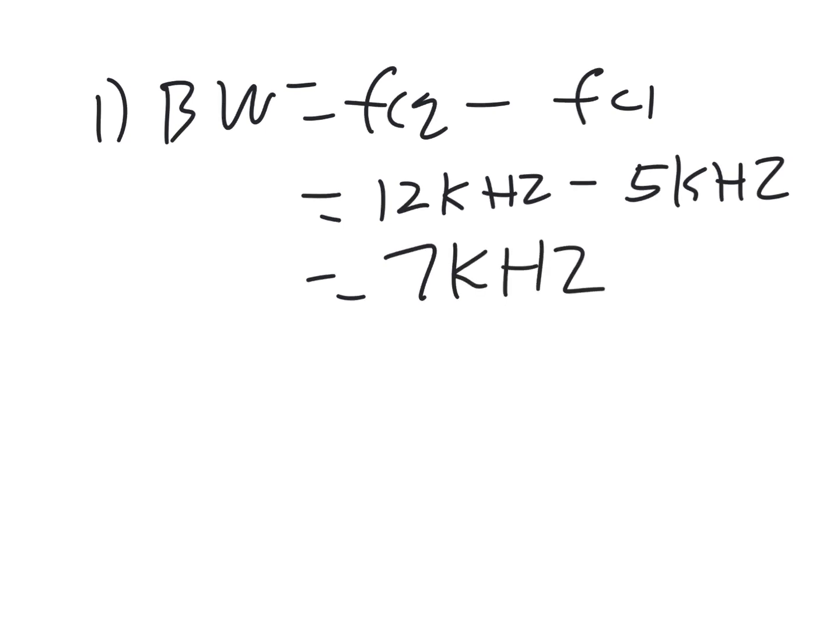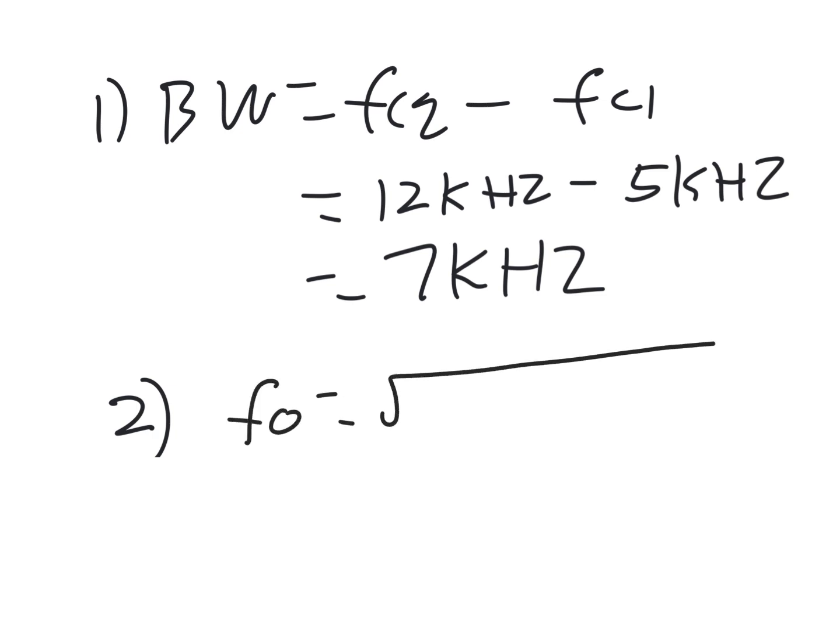We moved FC2 up from 8 kilohertz to 12, so the bandwidth increased to 7 kilohertz. 2, the center frequency, FO, again is the square root of FC1 times FC2.